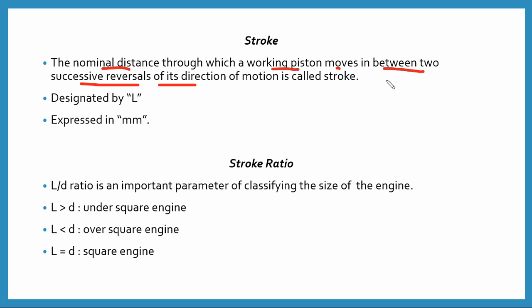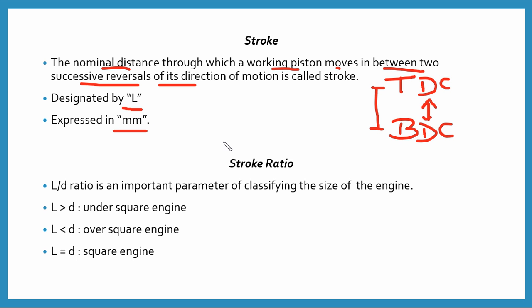Basically it means when the piston moves from TDC to BDC or BDC to TDC, this length is known as the stroke length. This stroke length is designated by capital L, and it is expressed in millimeter or mm.